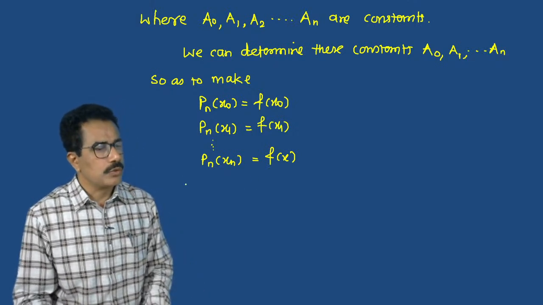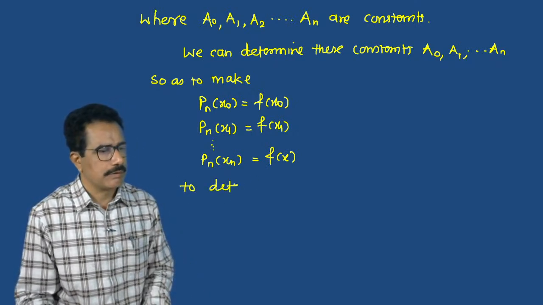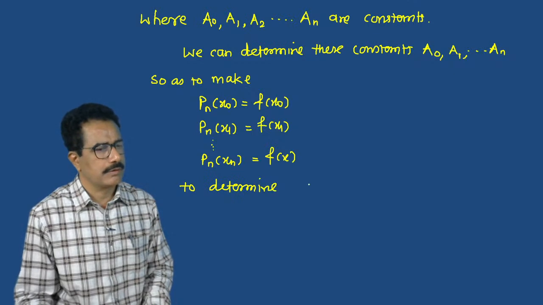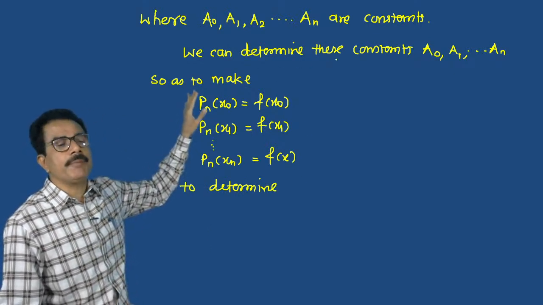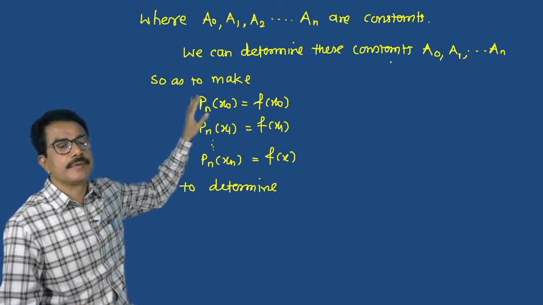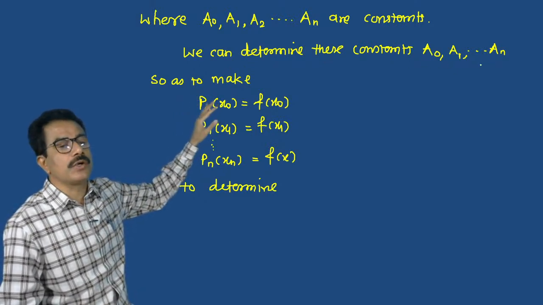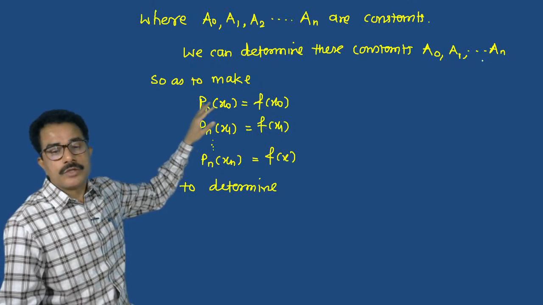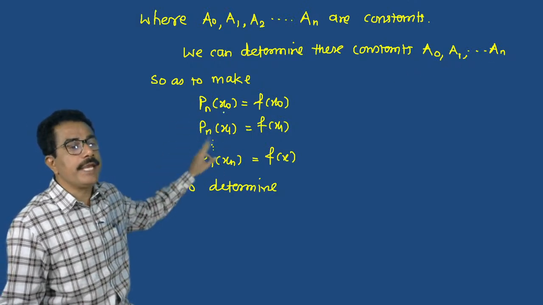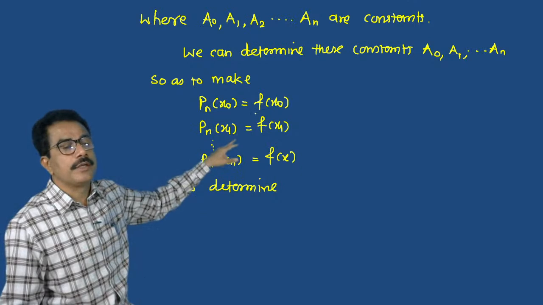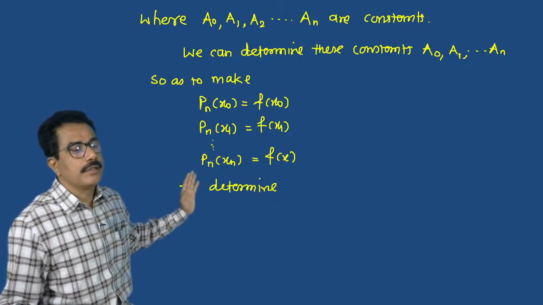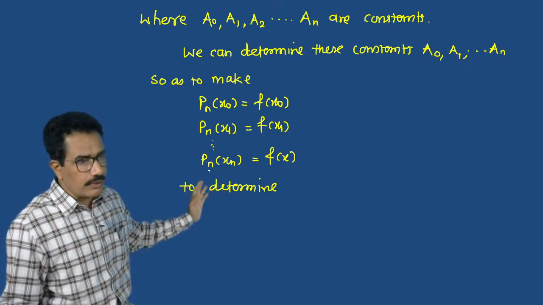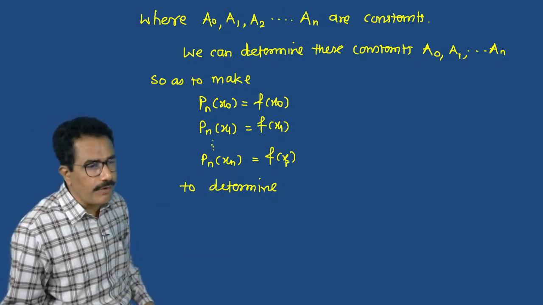To determine the n plus 1 constants a0, a1, a2, dot dot an, we make Pn of x0 equal to f of x0, Pn of x1 equal to f of x1, and in this way dot dot dot Pn of xn equal to f of xn.